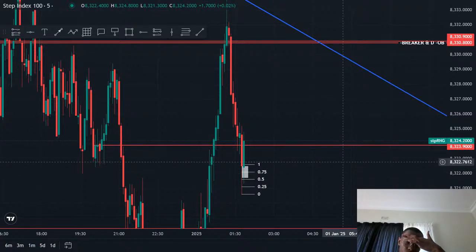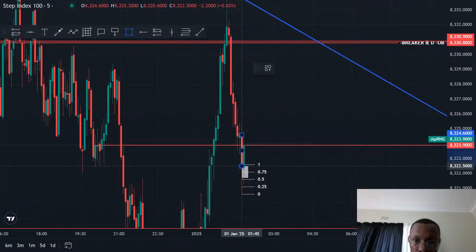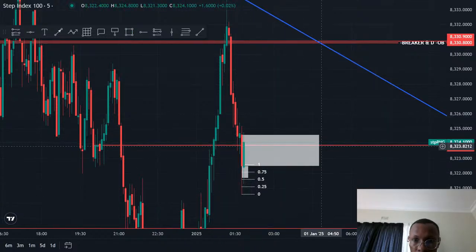And see the 5 minute is also set for a bullish change in the state of delivery if the market closes past that price point there. So I'll just monitor that closely.